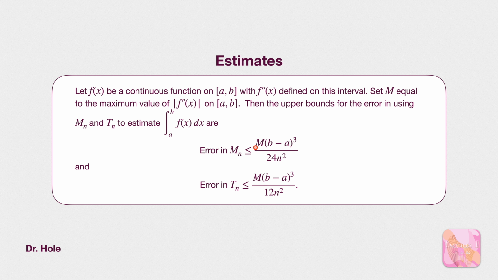All right, so what is this capital M? You want to think of it as M for max. Capital M is the maximum value of the second derivative under absolute value, where we want that second derivative to be looked at everywhere over the given closed interval.